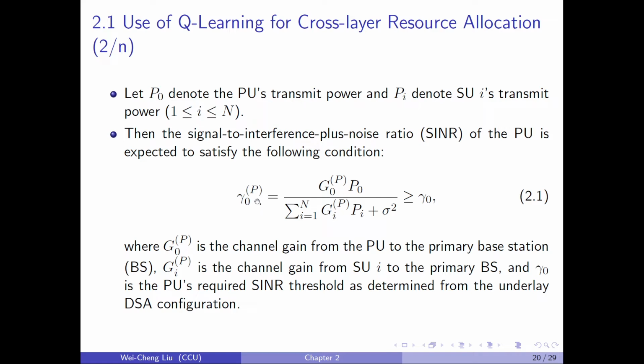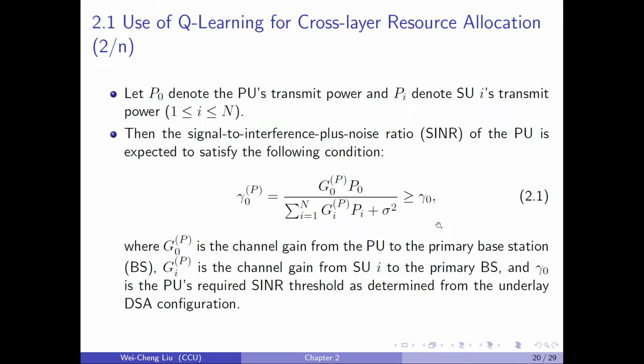So gamma 0P is the signal to interference plus noise ratio SINR of the primary user, which is equal to G0P times P0 over summation I is equal to 1 to capital N, where capital N is the number of secondary users, and GIP is the channel gain from SUI, that is secondary user I to the primary BS, primary base station.